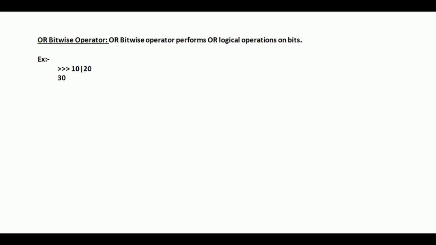Then we convert this binary number into a decimal number. So let's see how it happens.